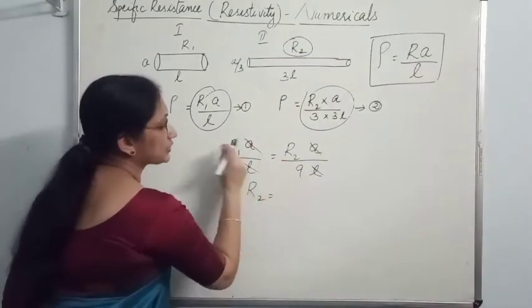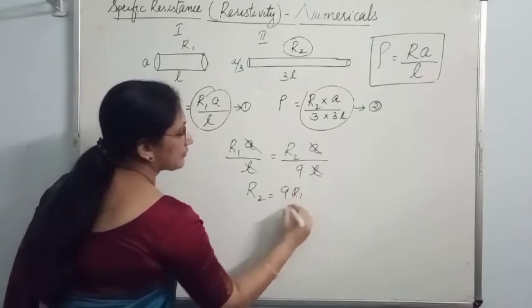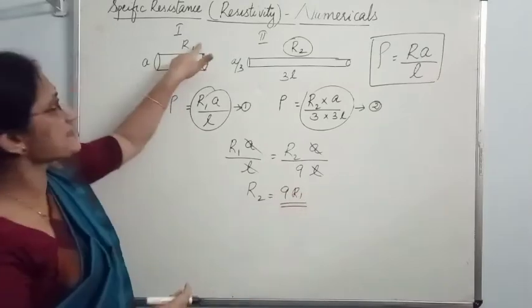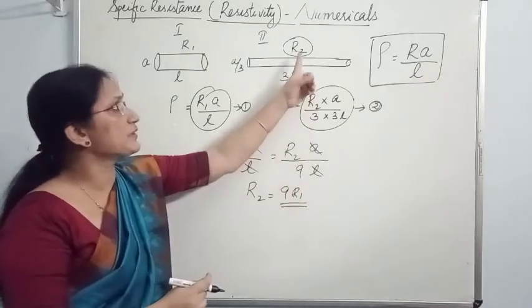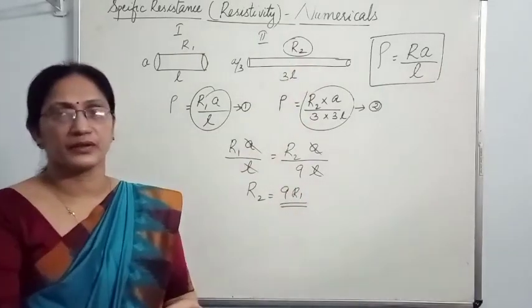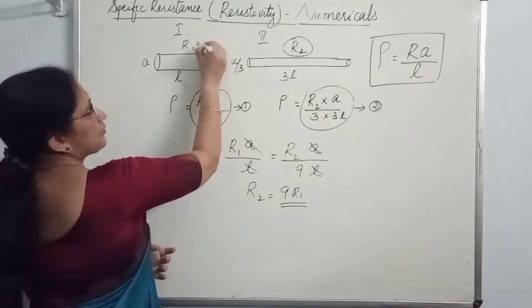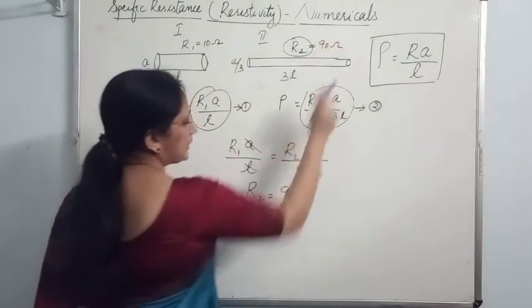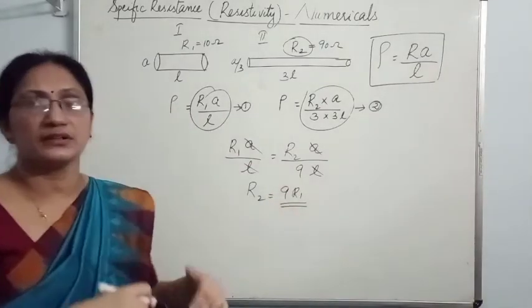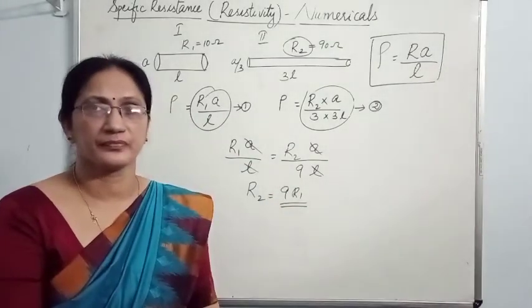R2 is equal to cross multiply 9 R1. That means what was the resistance initially? R1. It is 9 times will be the resistance of this wire. That means if this wire was of 10 ohm resistance, this wire will be of 90 ohm. 9 times the resistance increases.